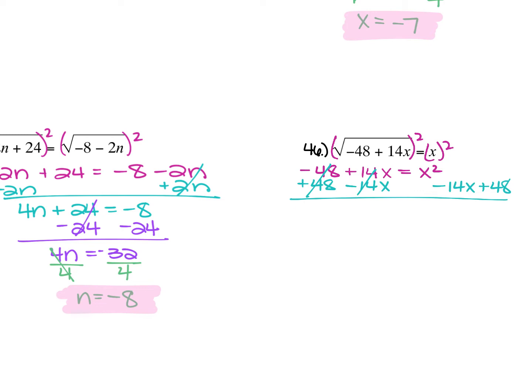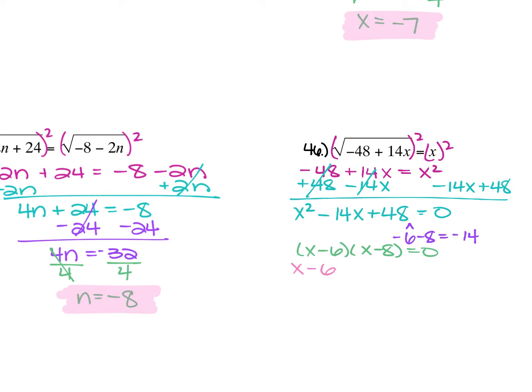This gives us x squared minus 14x plus 48 is equal to 0. In order to solve this one, you are going to factor. 48 has factors of negative 6 and negative 8 that add up to be negative 14. So this factors to be x minus 6 times x minus 8 is equal to 0. Set them both equal to 0 and solve them.